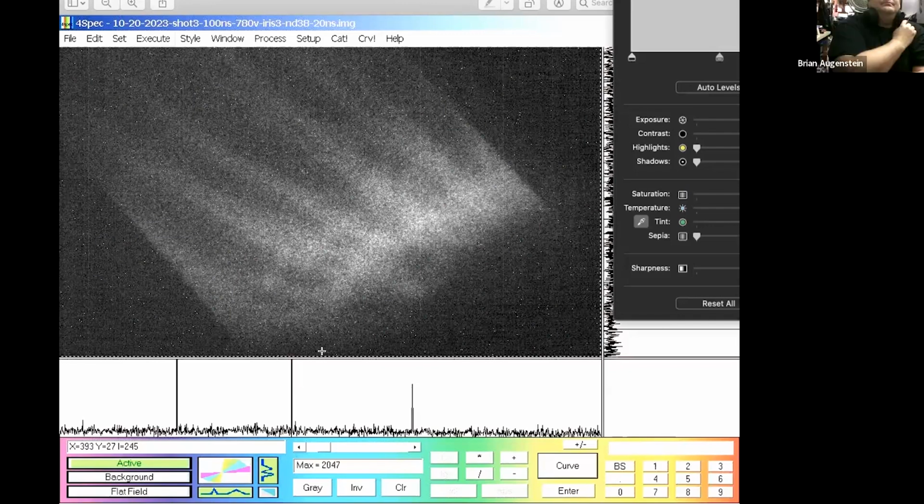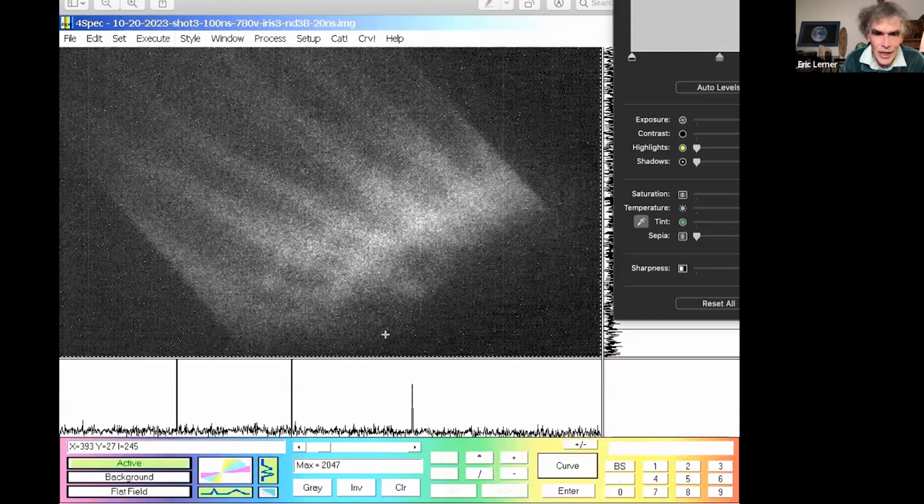So this is a close-up. First of all, the camera taking this, called an ICCD camera, takes very short exposures. This is a 20 nanosecond, 20 billionths of a second exposure. In theory, the ICCD can go down to a 1/5 of a nanosecond, although I think our device probably no longer can. It's 15 years old.